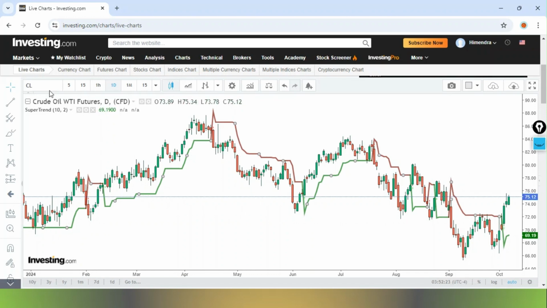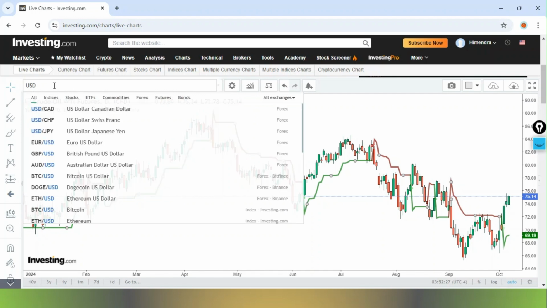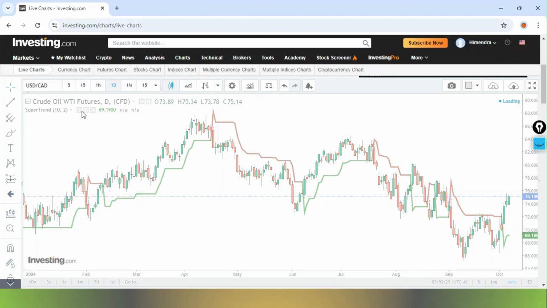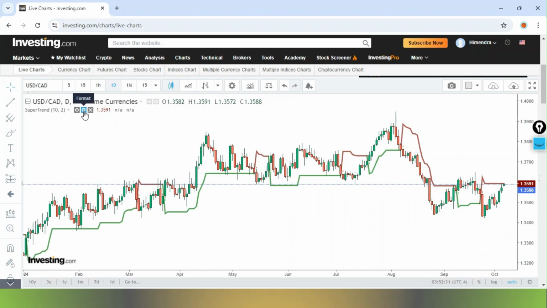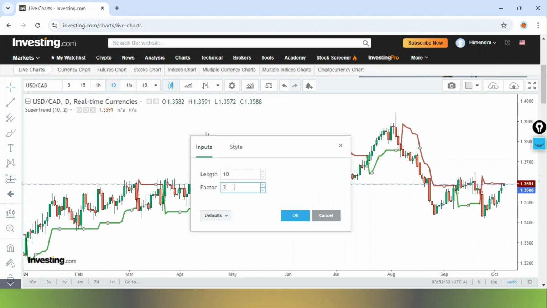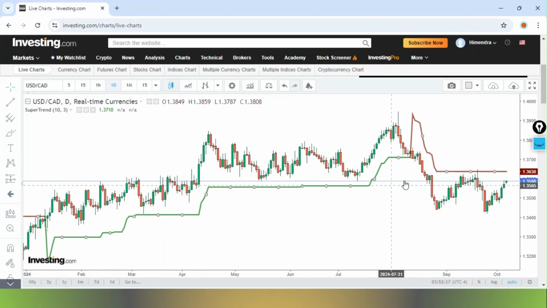Now let's look at the USD versus Canadian dollar. So I'll change it to 3, and if it breaks above 1.36, anyone who has entered into a short trade at 1.37 got from 1.37 to 1.34.